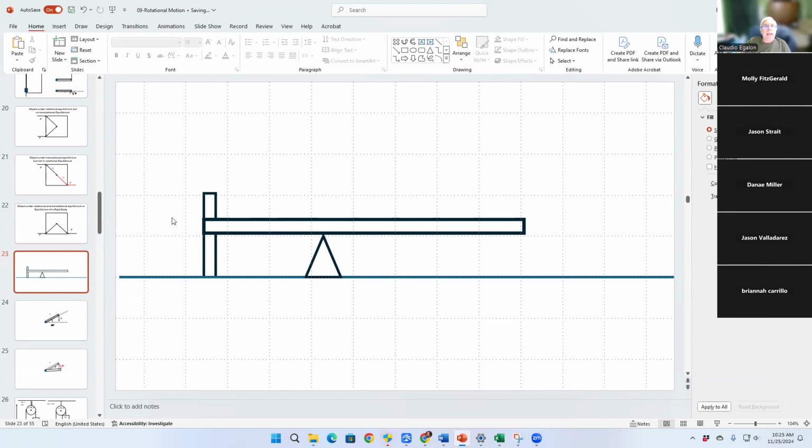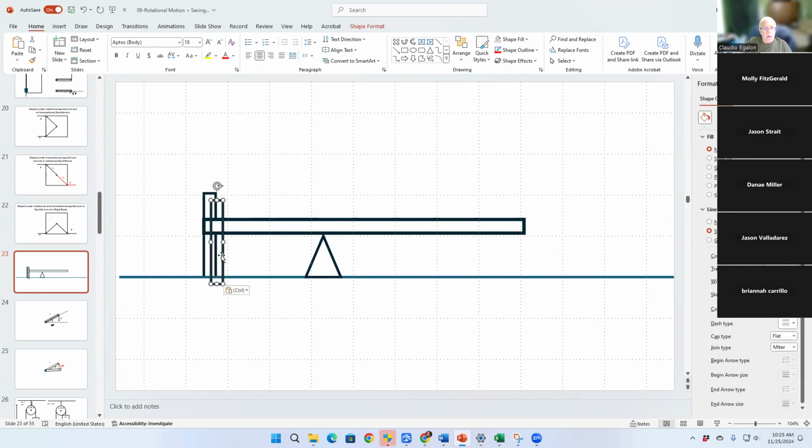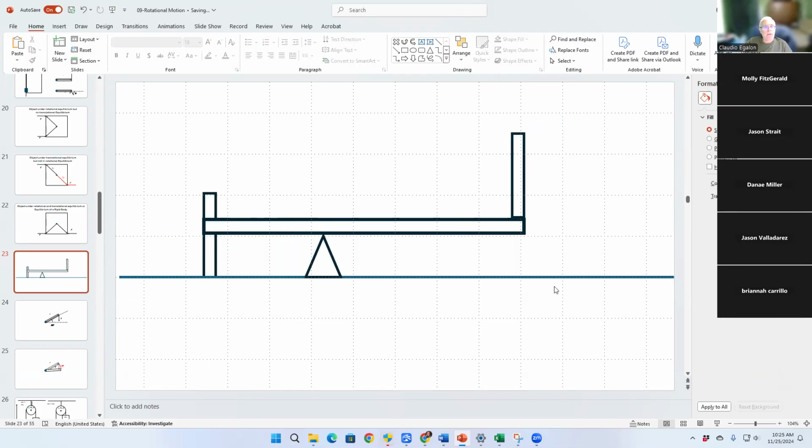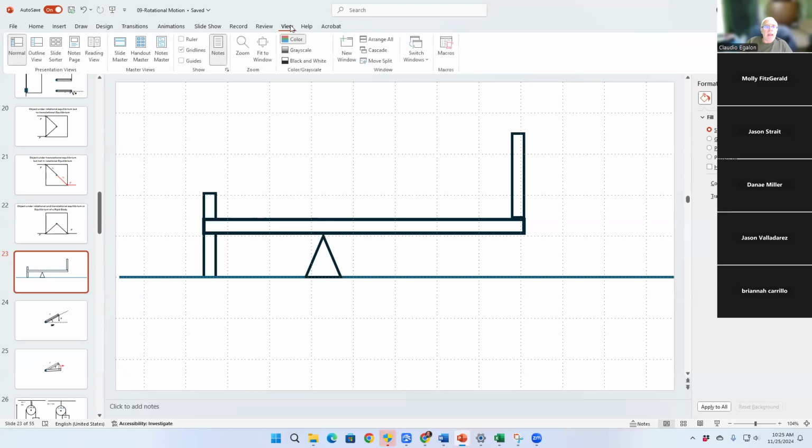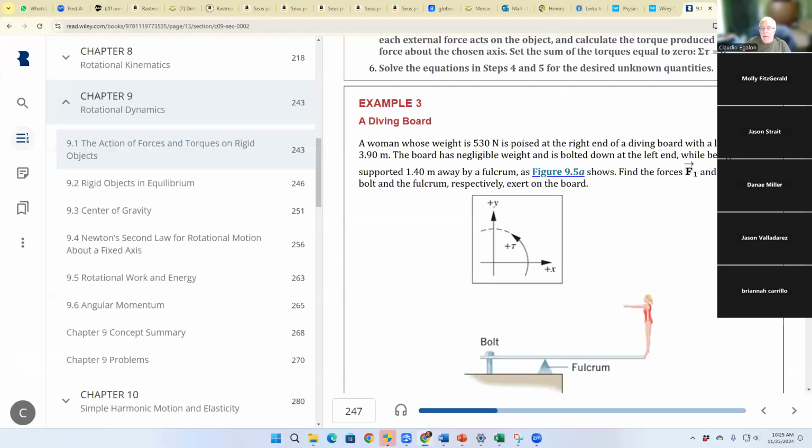All right. And then we have the diver at the end right here. Okay, that's what we have here. And then I can erase my grid lines. Going back to the enunciate, right? A woman whose weight is poised at the right end of the diver with a length 3.9 meters.